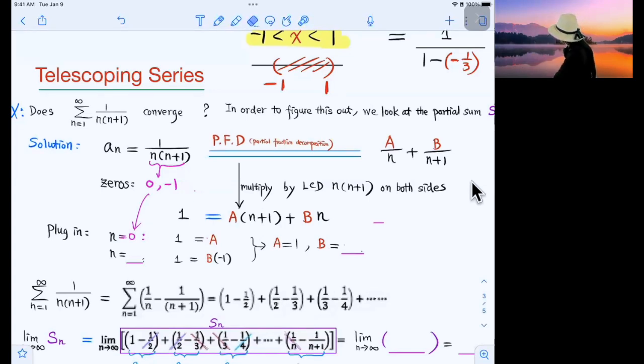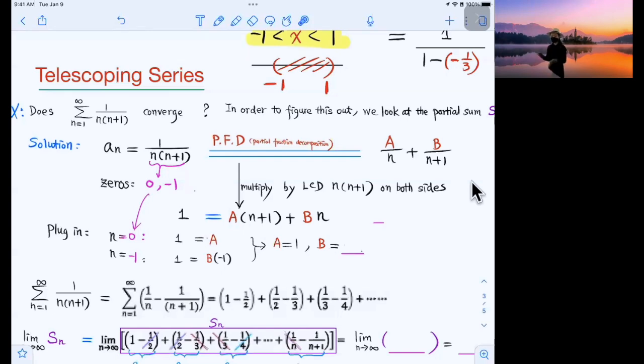Can we figure out the b? We're going to plug in n equal to -1. Then what happens here is this is going to be gone, since -1 plus 1 is 0. So you will have -1 times b equal to 1.